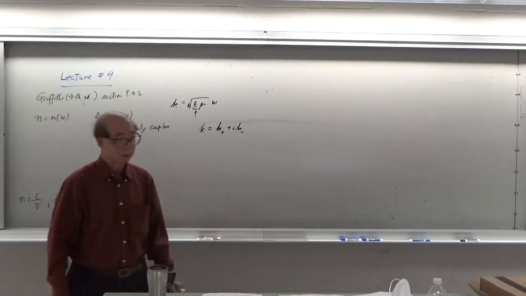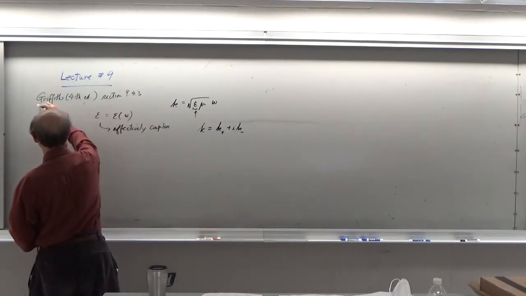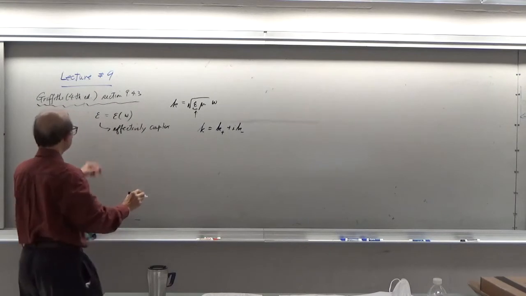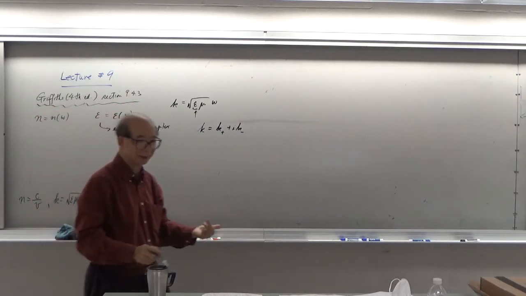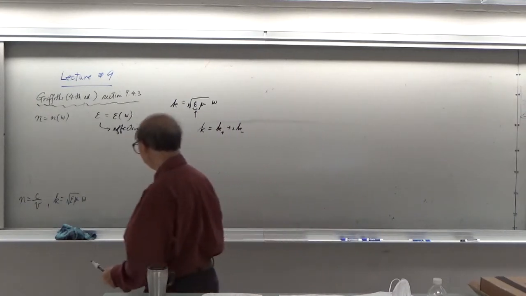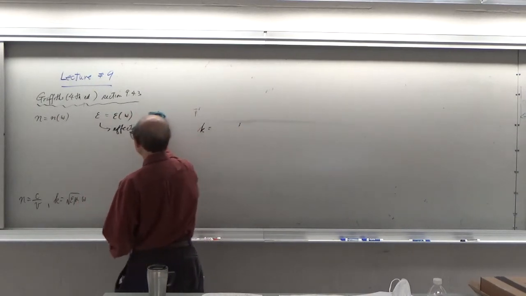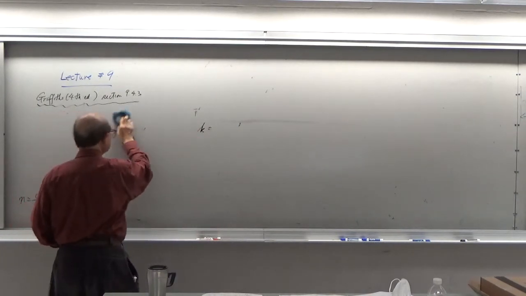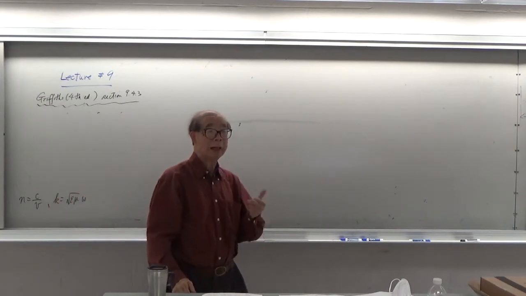Today, in this lecture, lecture 9, which you can find in Griffiths 4th edition, section 9.4.3, we are going to be talking about propagation of electromagnetic waves in a dielectric medium.